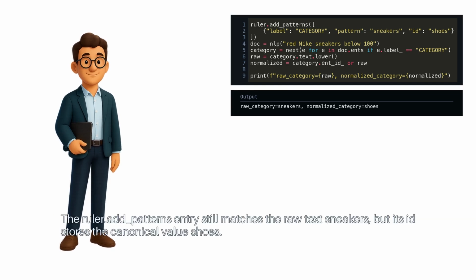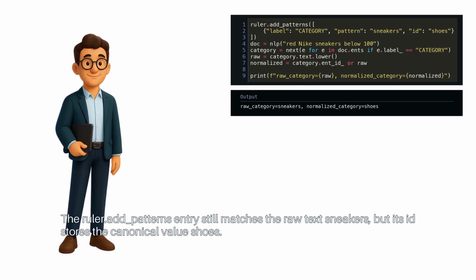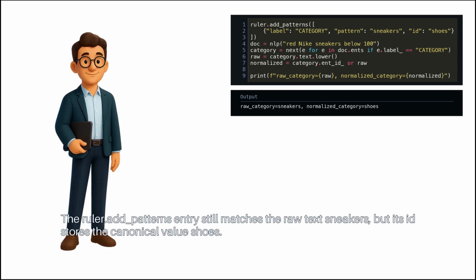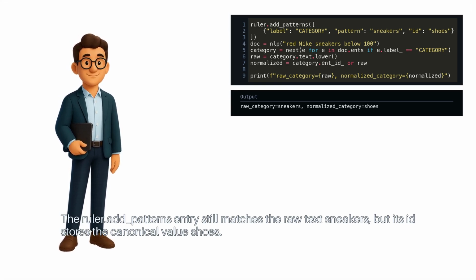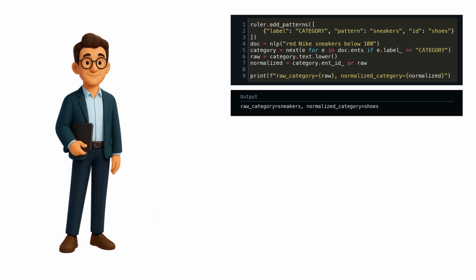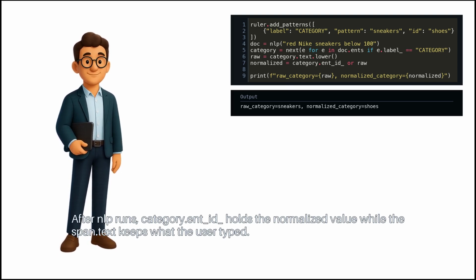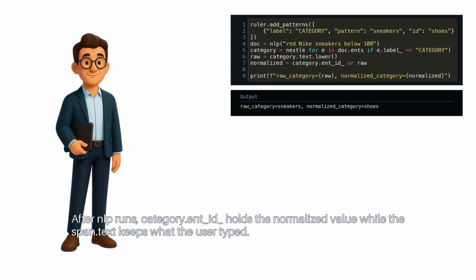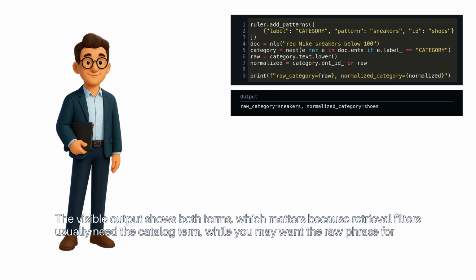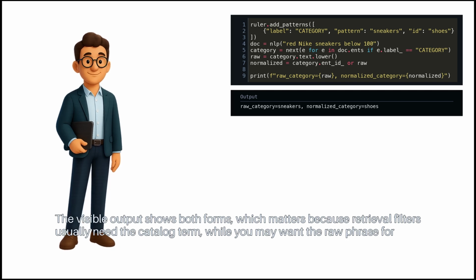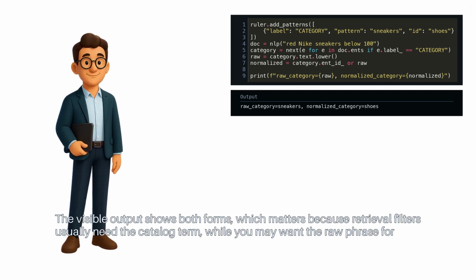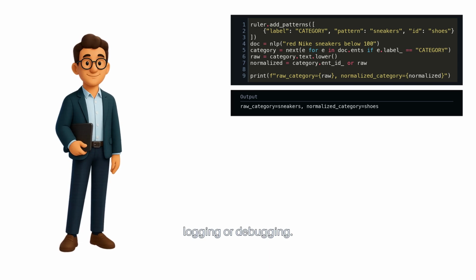The ruler.add_patterns entry still matches the raw text sneakers, but its ID stores the canonical value shoes after nlp runs. Category ent_id holds the normalized value, while the span.text keeps what the user typed. The visible output shows both forms, which matters because retrieval filters usually need the catalog term, while you may want the raw phrase for logging or debugging.